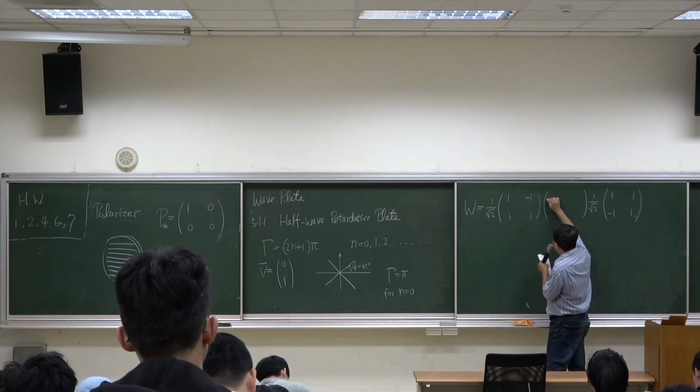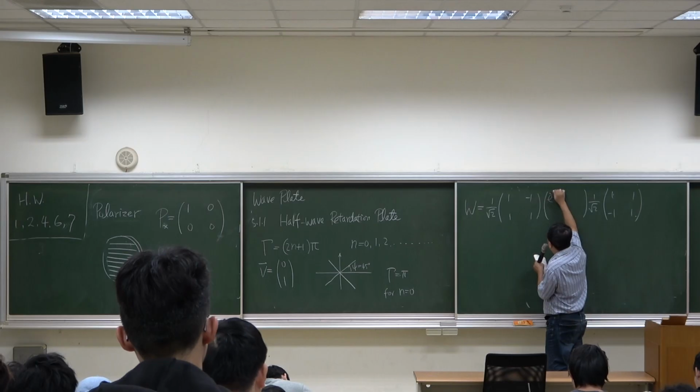Here we have exponential minus i half gamma.